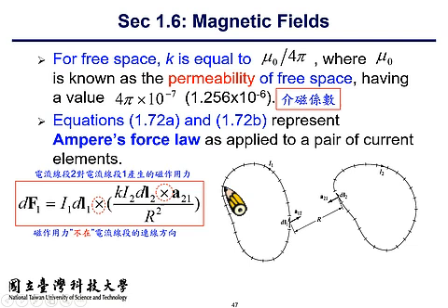Then DL2 cross the product of the original one is this way. Well, for DF2, it's in parallel with A21, right?